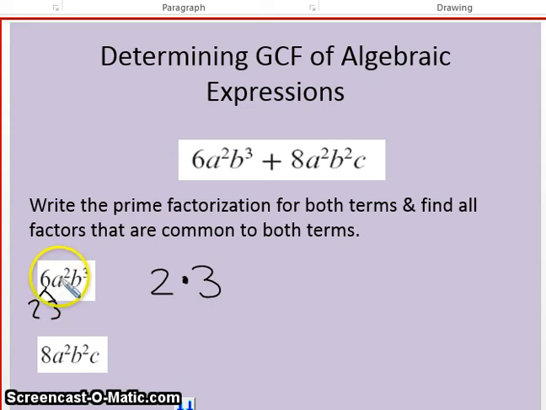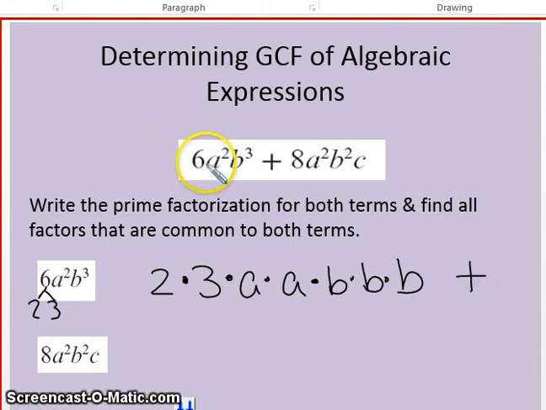Now, we don't know what a is, but we do know that a squared is a times a. So I can rewrite that as a times a. And I don't know what b is, but I do know that b cubed is b multiplied 3 times. So b times b times b. Now I'm going to put a plus at the end here because I have 6a squared b cubed plus this other term.